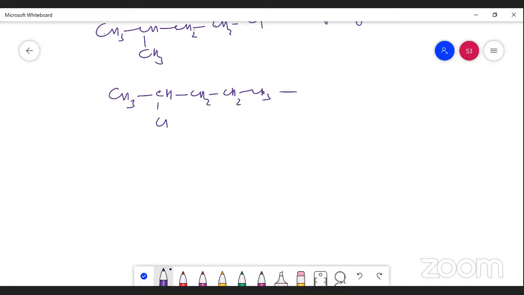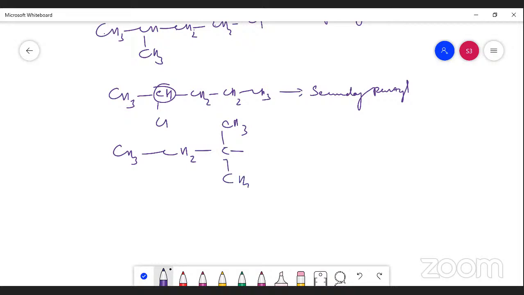This is secondary pentyl. The halogen is present on a secondary carbon. Next we can go for tertiary pentyl.